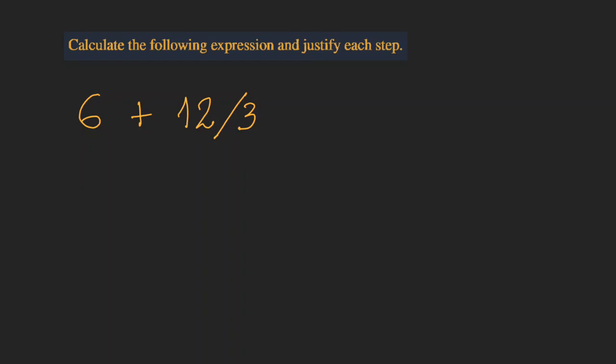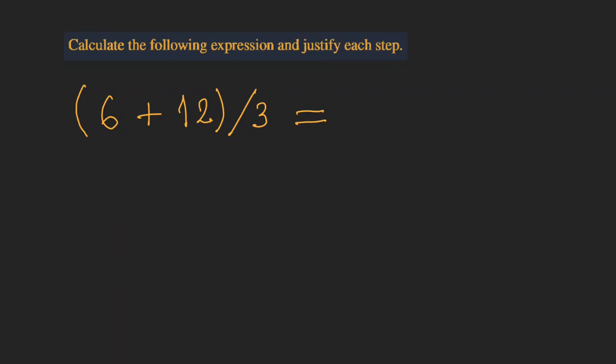Since division has priority over addition, we have to evaluate 12 divided by 3 first, giving us 6 plus 12 divided by 3 is 4, which equals 10. Calculating the expression inside the parentheses, we get 6 plus 12 is 18, divided by 3, which is 6.